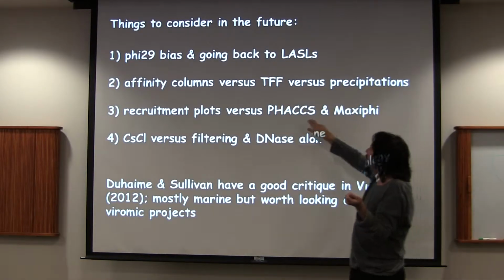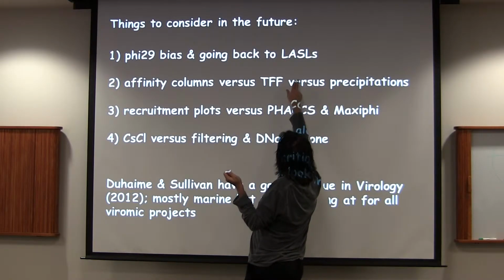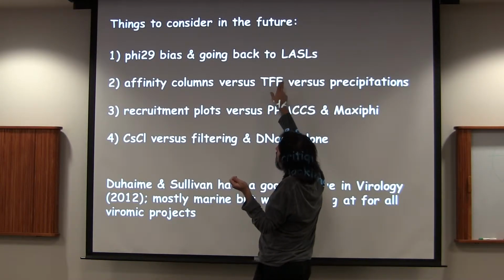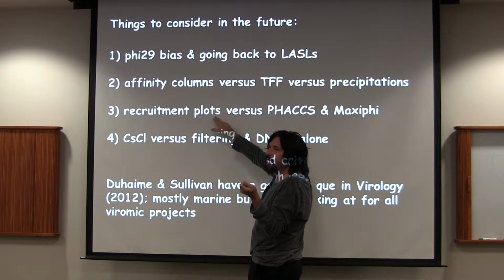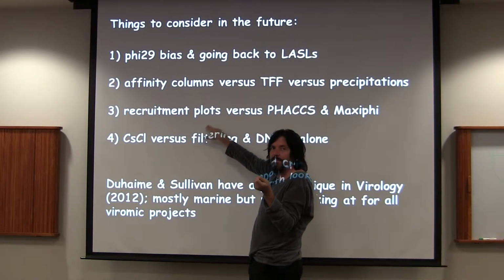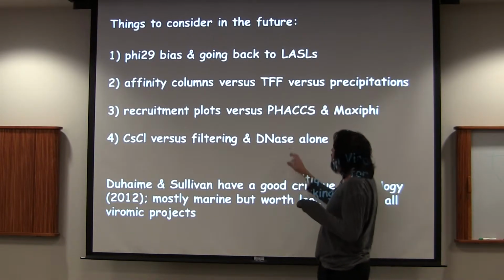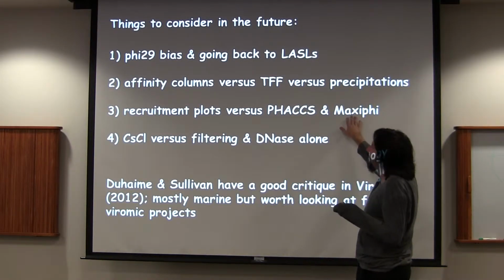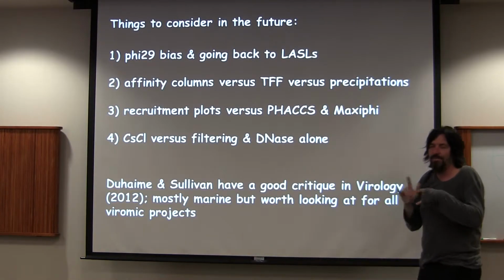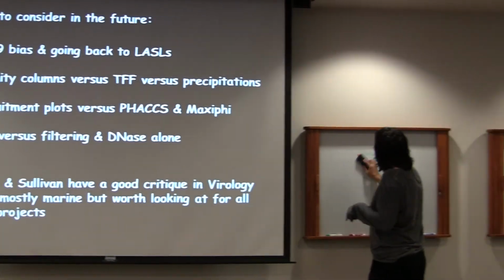And then the other thing that's going to happen, okay, if we get the LASLs correct, that will be really nice. However, there's a workaround for this stuff, and that's actually these recruitment plots. Okay? And these are coming out, so what we're going to start seeing, so MaxiMax and FACS depend on having very representative samples. There's ways that you can actually do it.